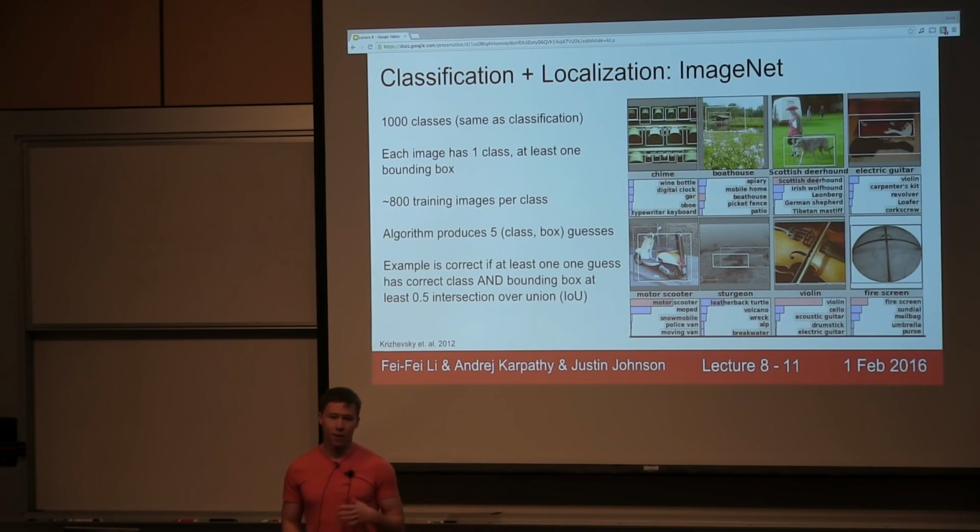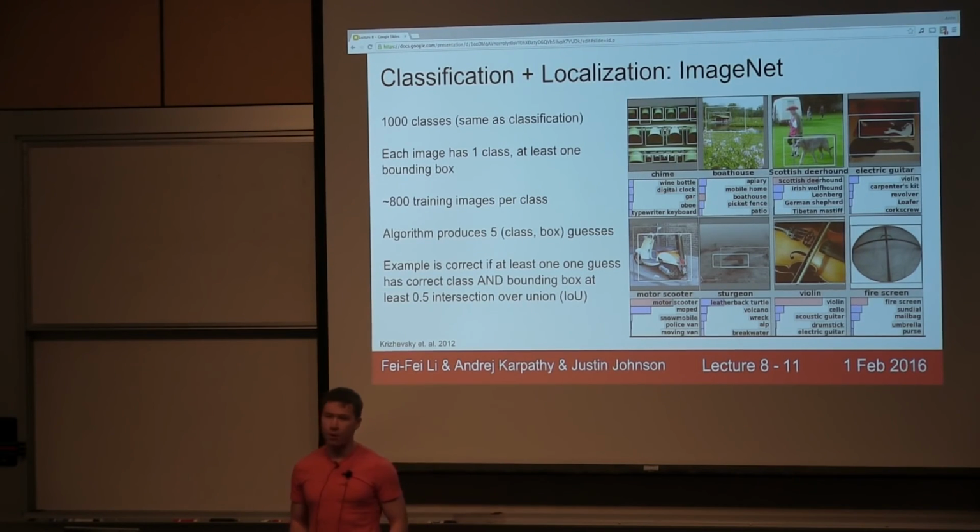Just to give you an idea of the kinds of data sets people use for this, we've talked about the ImageNet classification challenge. ImageNet also has run a classification plus localization challenge. Similar to the classification task, there's 1,000 classes, and each training instance actually has one class and several bounding boxes for that class inside the image.